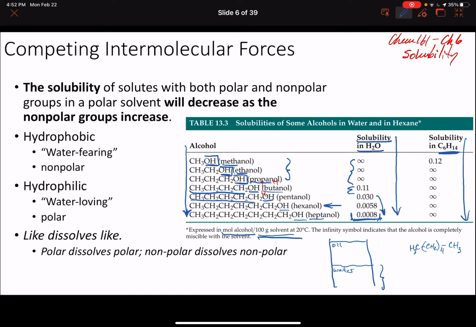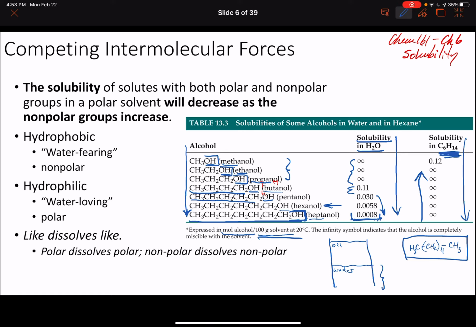Now, we might expect the opposite trend to result if we're working with an opposite solvent. So here, working with a very nonpolar hexane solvent, we get infinite solubility in the hydrocarbon rich, the very long carbon chain rich molecules, where the alcohol group is non-dominant, kind of diluted for the number of CH2s and CH3s in the rest of the molecule.